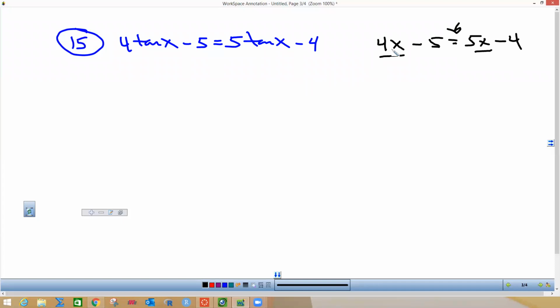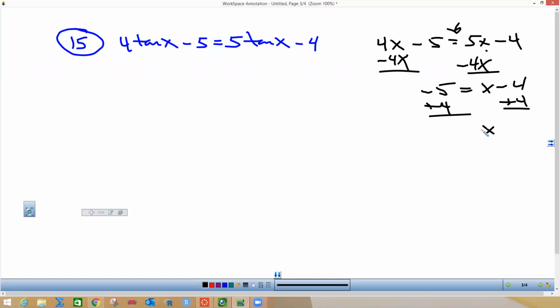So what I would do is subtract 4x here, and subtract 4x there, and then I would have negative 5 equals x minus 4. And then you want to get the x by itself, so you would add 4 and add 4, so I would get x equals negative 1. Do you remember doing that in algebra? Get your like terms together? Okay, well, let's go over here. What do you think we would do with it when it says tangent?